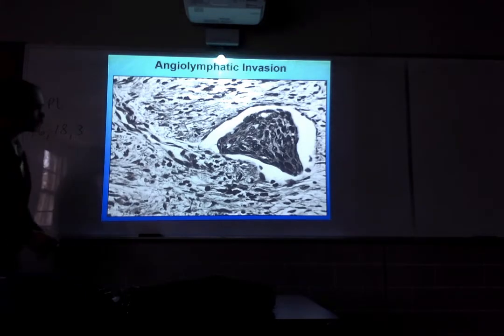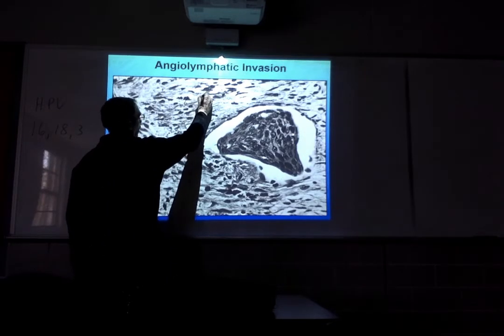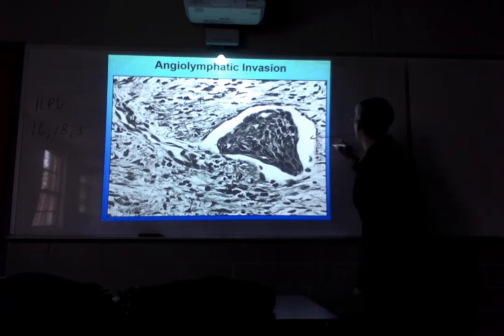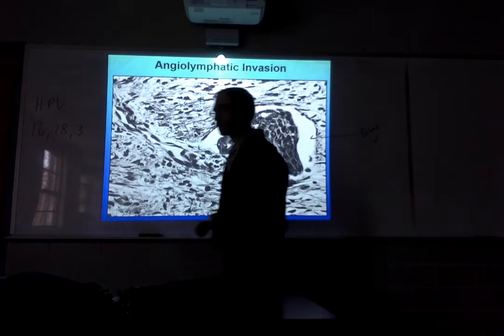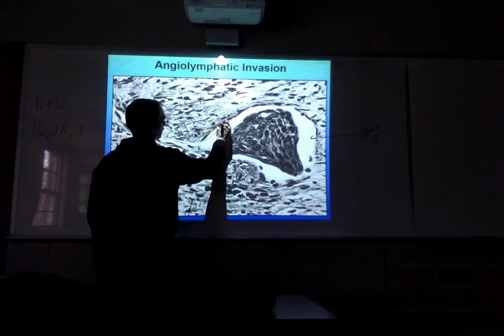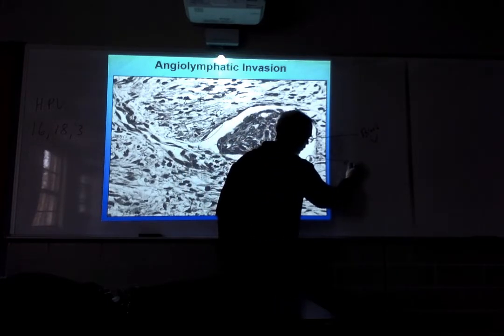Okay? We got a section through soft tissue. Okay, there's some connective tissue out here, and it looks like right over here, we have a blood vessel. I can tell it's a blood vessel because I can see endothelial cells over here. And it looks like we've got some RBCs over here.